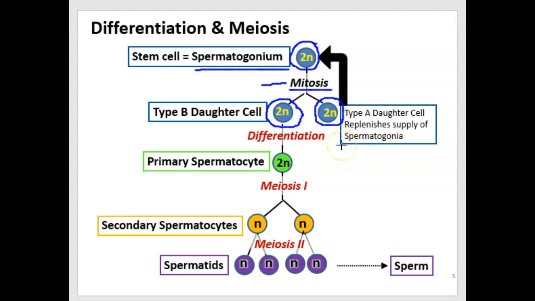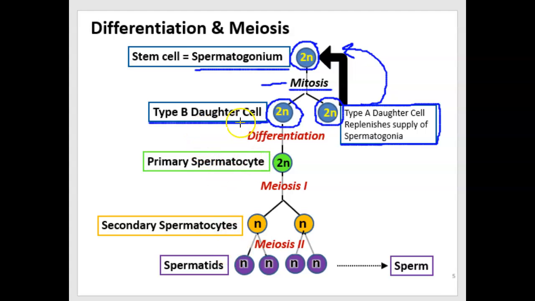One of the daughter cells is just going to stay like its parent, a stem cell, in order to replenish the number of stem cells. Because once a spermatogonium divides, it's not there anymore. So one of the daughter cells assumes its role. The other daughter cell is what's destined to become sperm eventually.